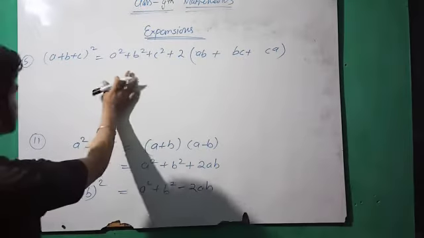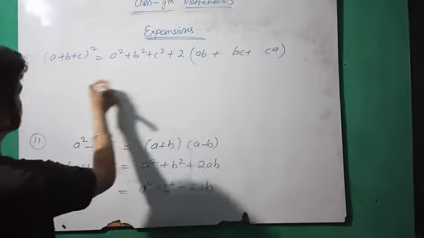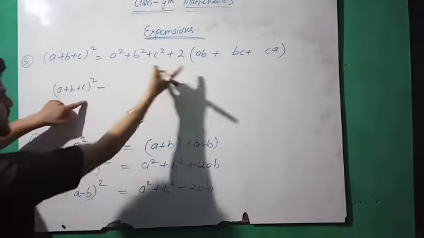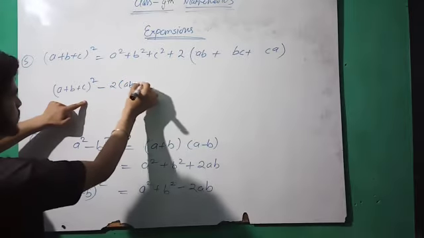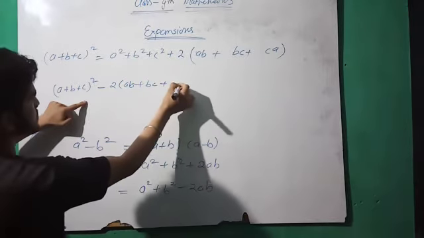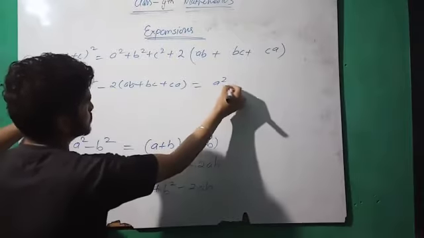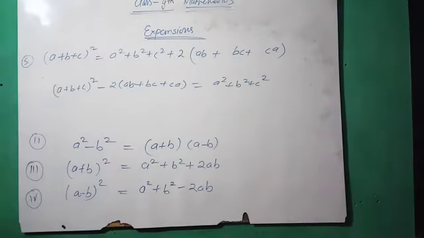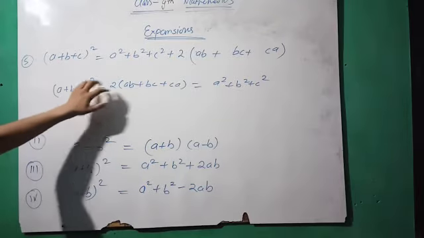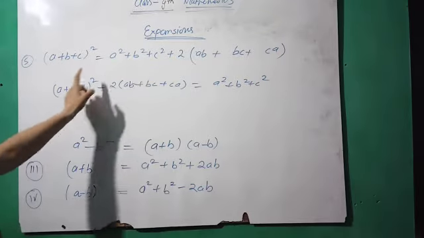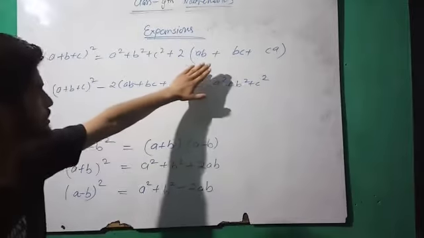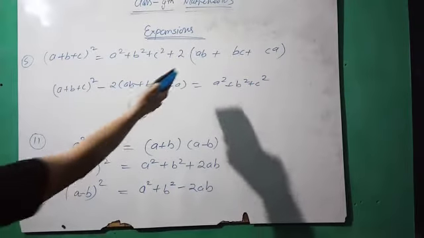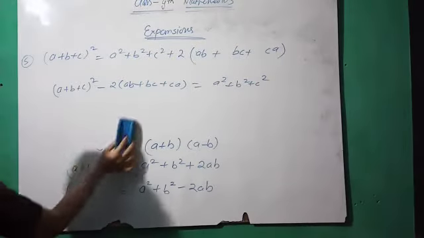Similarly, we can write a square plus b square plus c square equal to a plus b plus c whole square minus 2(ab plus bc plus ca). This is the second result of this formula, because we can take it from the right hand side to the left hand side.